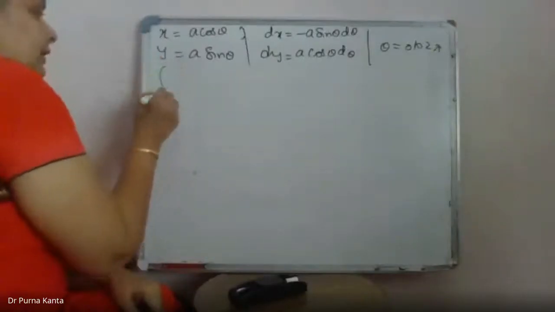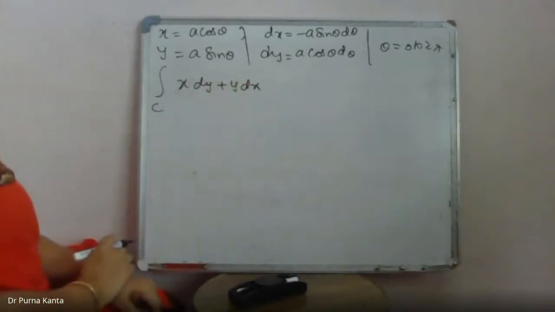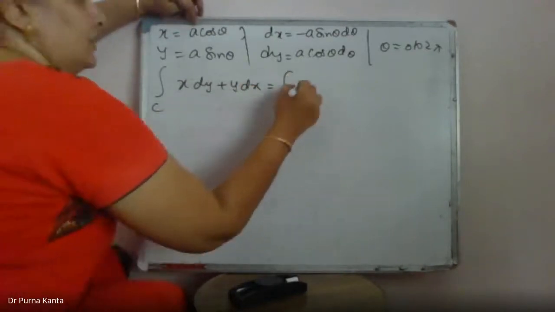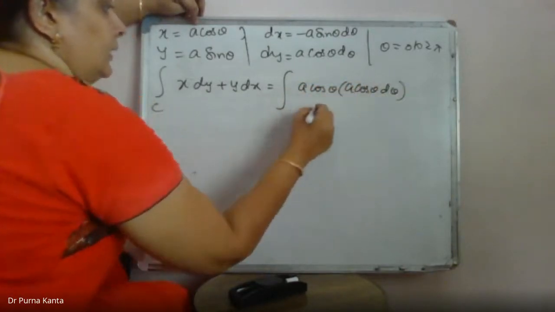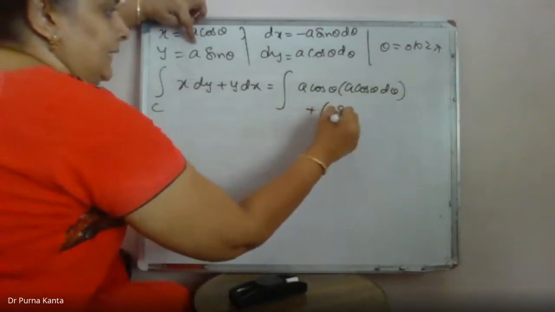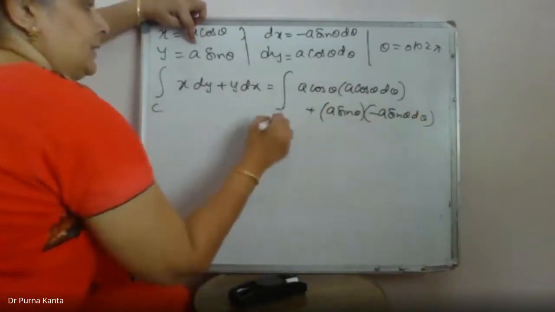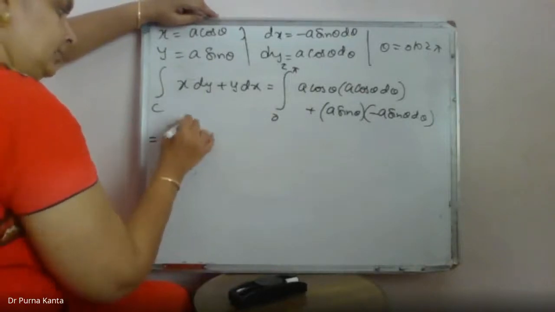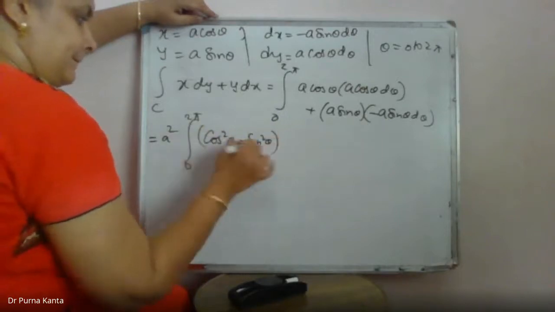Okay. So integral over C we have x dy plus y dx. So the integral of x is a cos theta, dy is a cos theta d theta, plus y is a sin theta, dx is minus a sin theta d theta, from 0 to 2 pi. Here also we have a square, I'll take it out common, 0 to 2 pi, cos square theta minus sin square theta d theta.